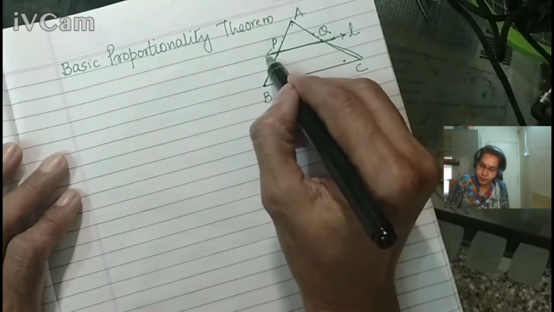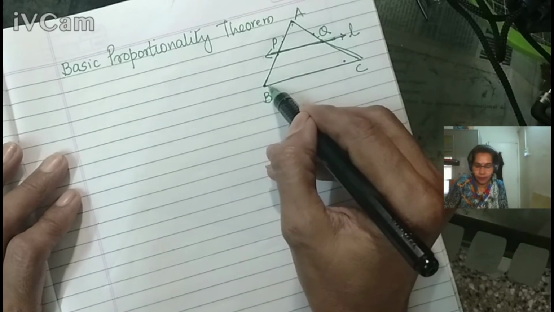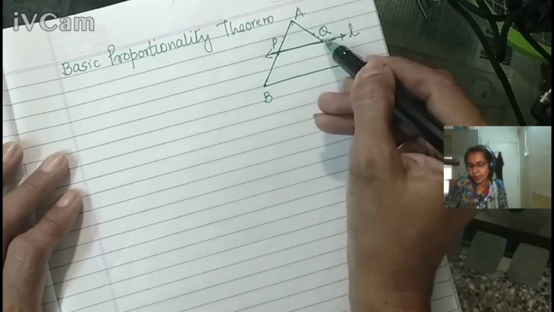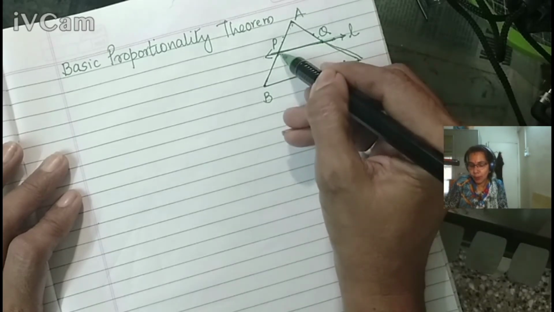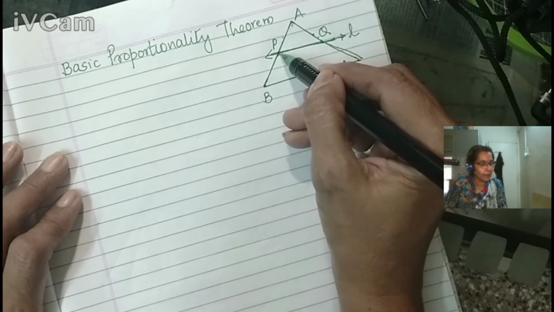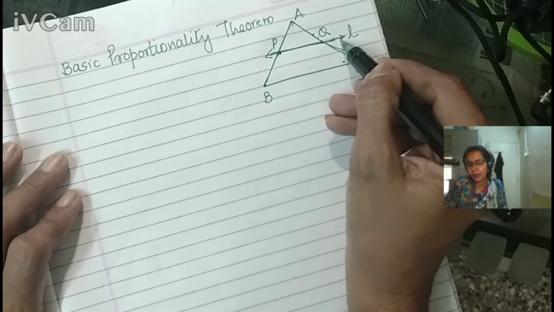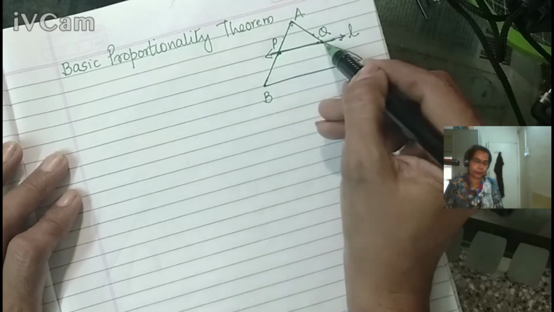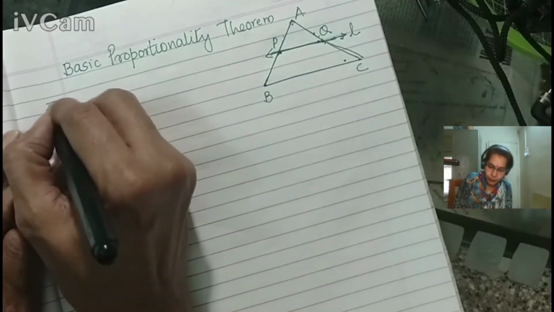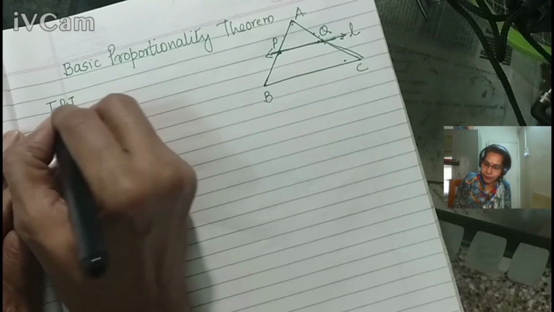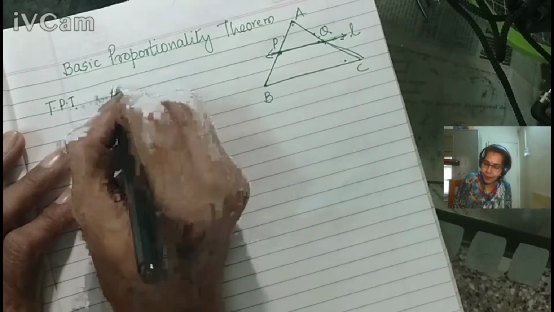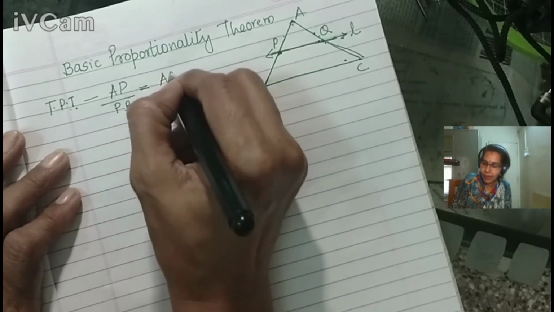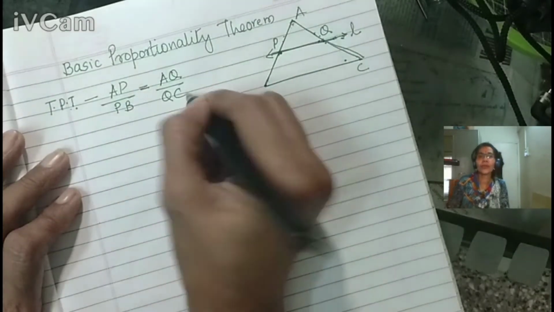If a line parallel to a side of a triangle intersects the other two sides in two distinct points, then the line divides the other two sides in the same proportion. I need to prove that AP upon PB is equal to AQ upon QC.